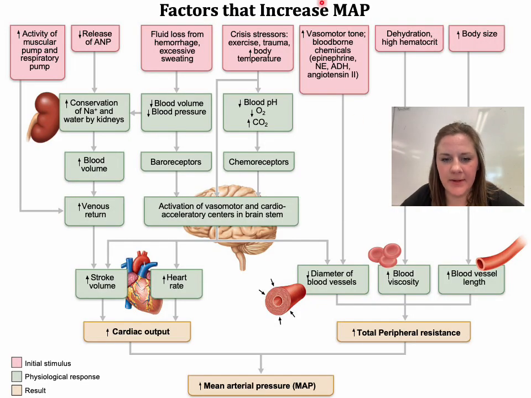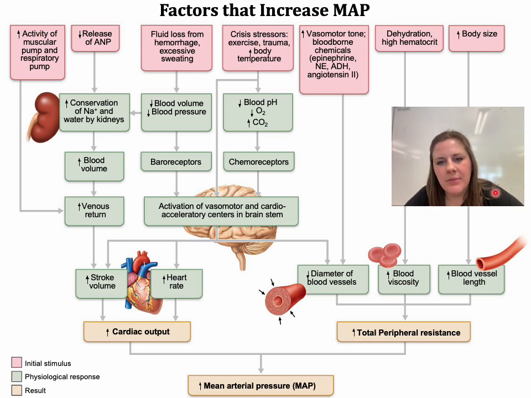So then here's the big picture, right? There's many different things that can occur, many different factors that all affect the mean arterial pressure, right? So at the top here, we have different stimuli that can influence that, and kind of the downstream effect or the physiological response that will occur and the result that will take place.